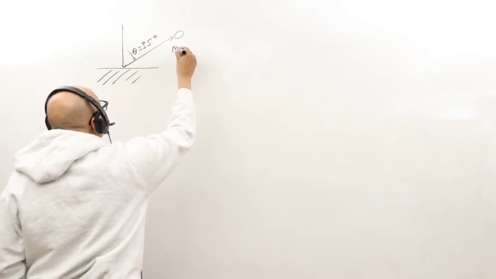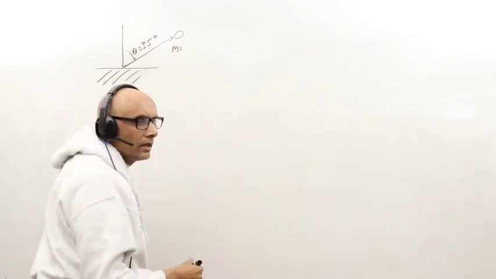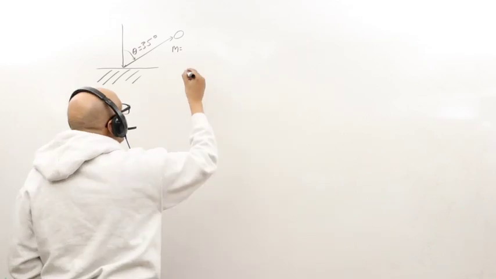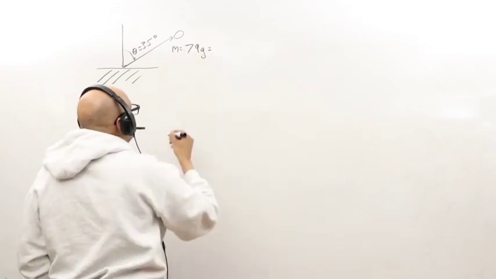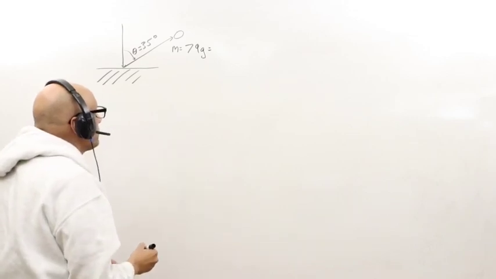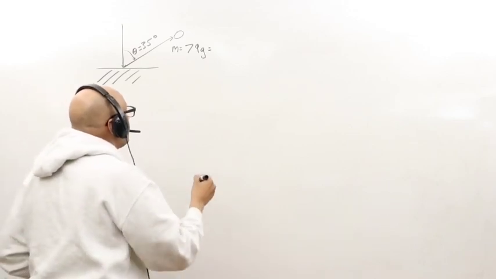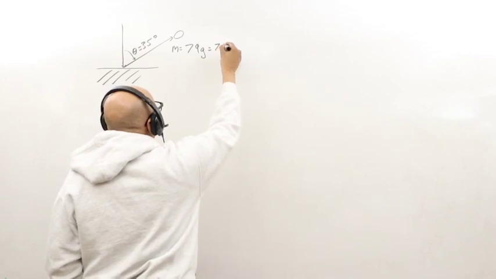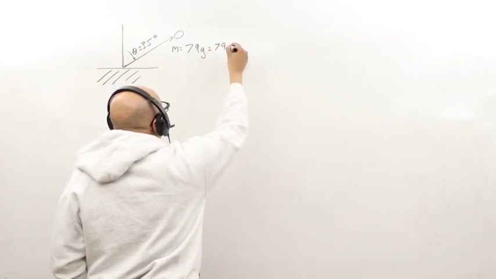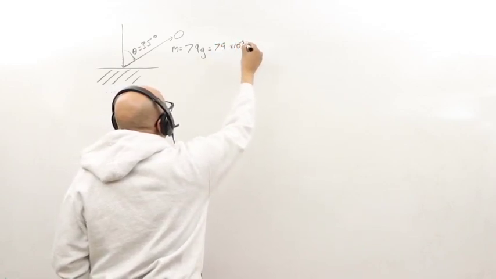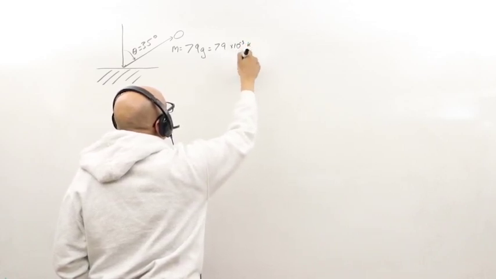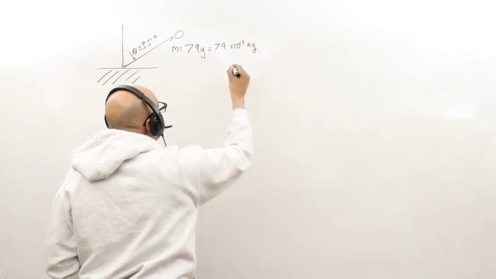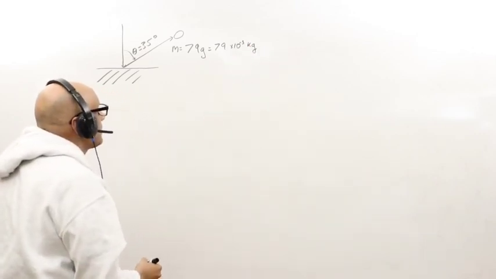Our mass is 79 grams. It's not in kilograms, so we'll switch to our standard units, kilogram, meter, second, by multiplying by 10 to the minus 3. So it's 79 times 10 to the minus 3 kilograms.